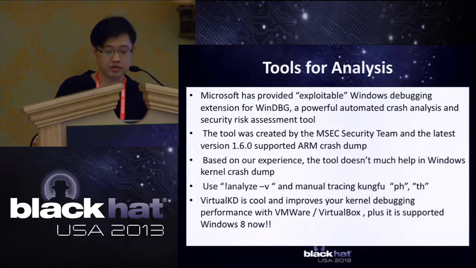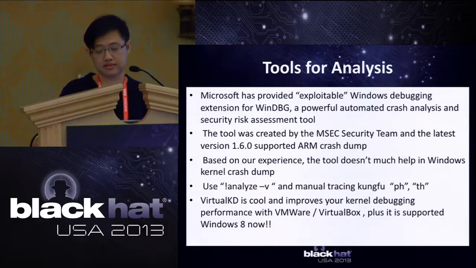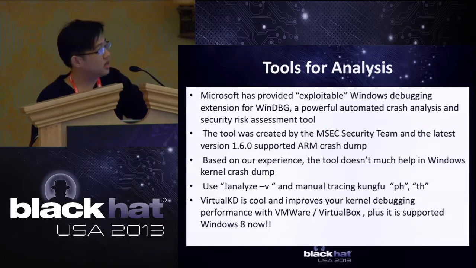By the way, our experience tells us that the tool does not help in Windows kernel crash dump analysis. We still need to depend on existing WinDBG commands for analysis, for instance, analyze -v or tracing kung fu such as pH or tH. You may also consider VirtualKD combined with VMware and VirtualBox to improve your kernel debugging performance.